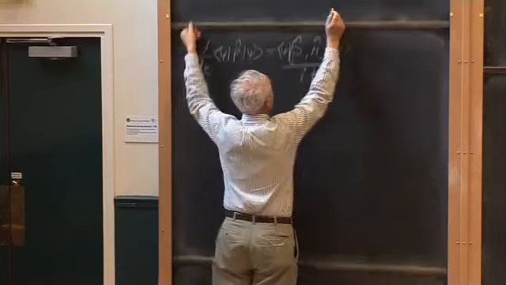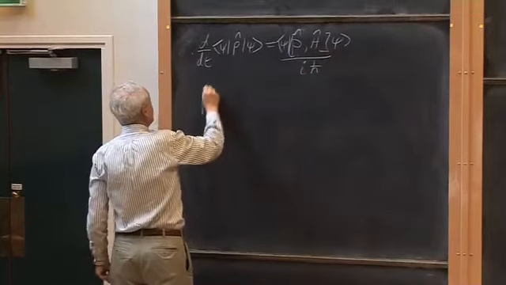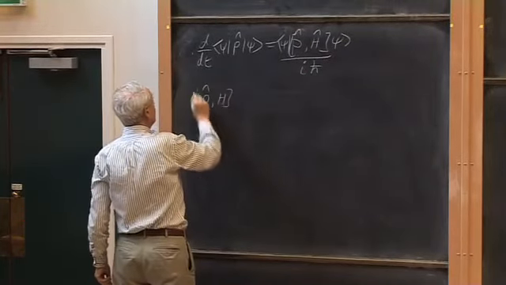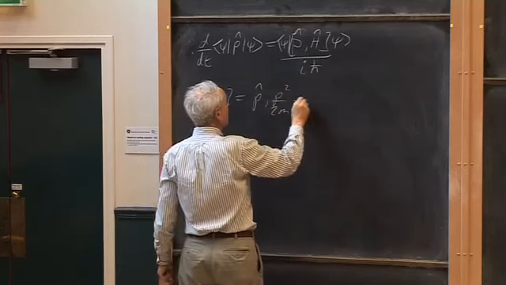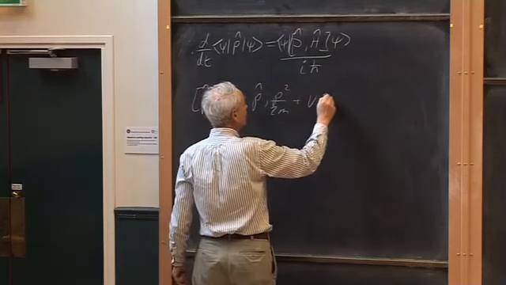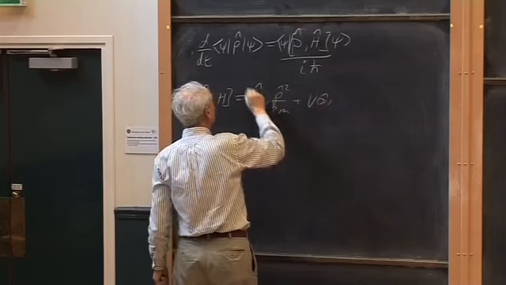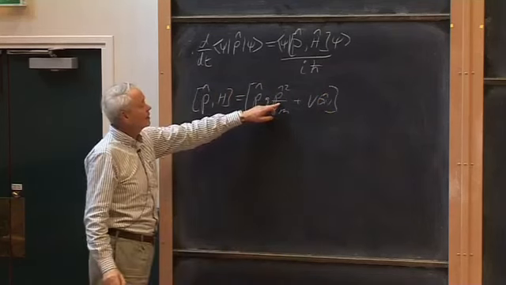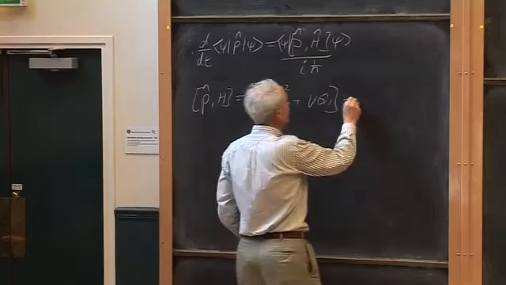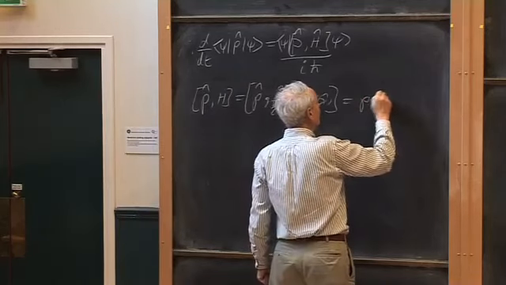So we need to calculate p comma H. p comma H is p comma p squared over 2m plus V. Obviously, p commutes with itself, so forget that. Therefore, this is p comma V.